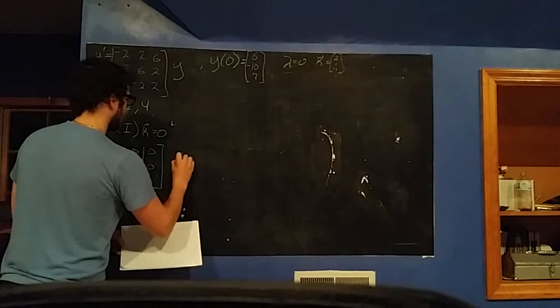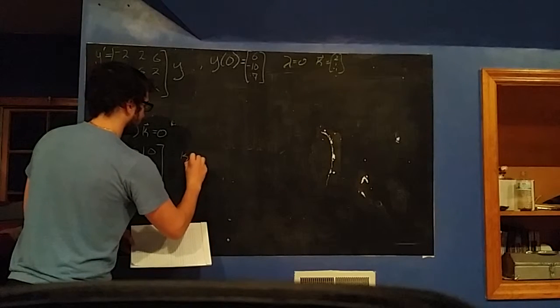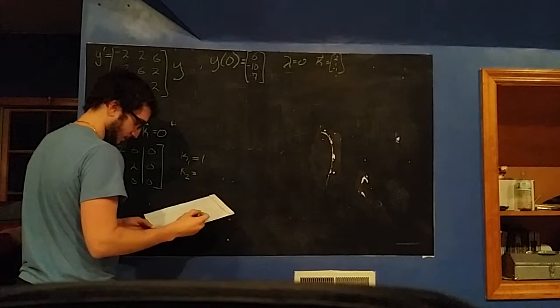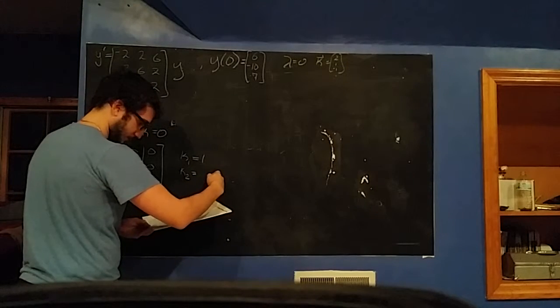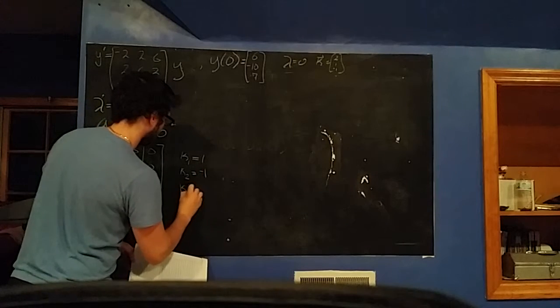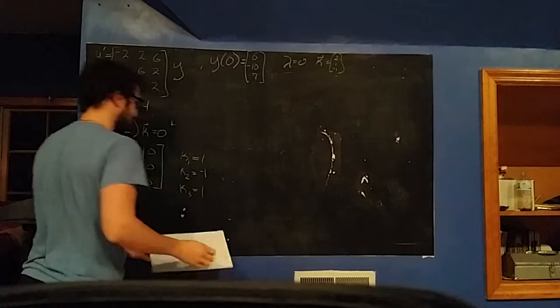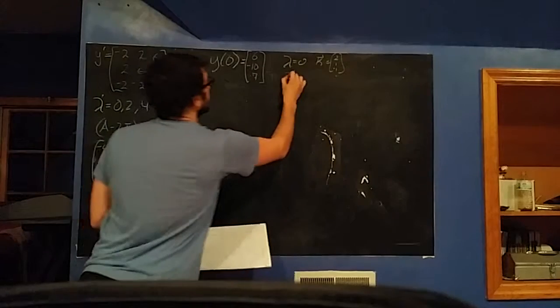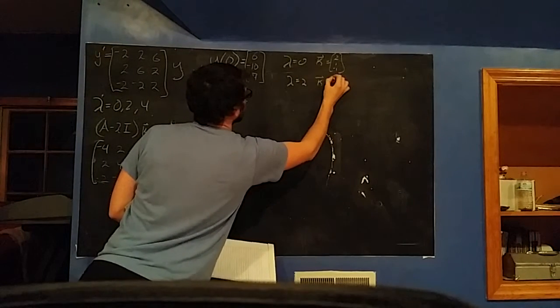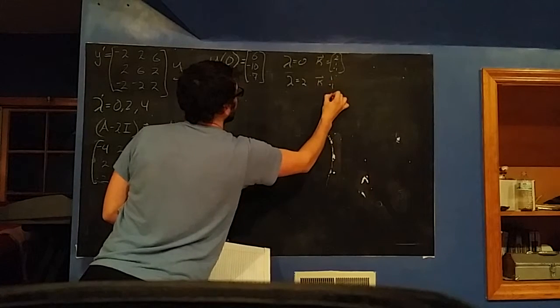So k1 was 1, k2 was, what did I do for that? Oh, negative 1. k3 was 1. So for lambda equal to 2, my k vector was 1, negative 1, 1.